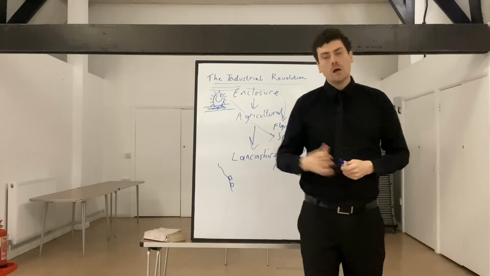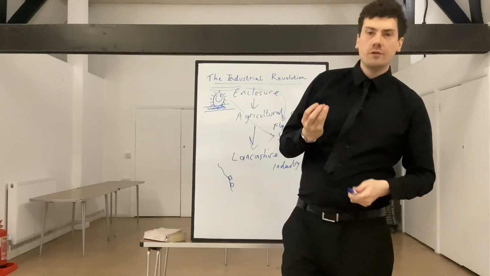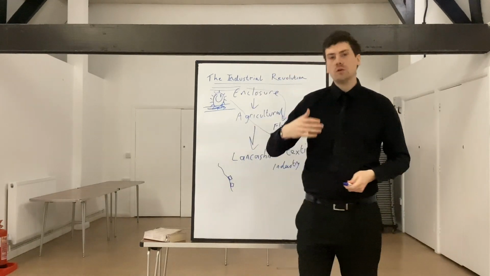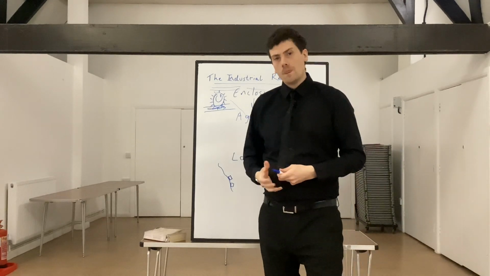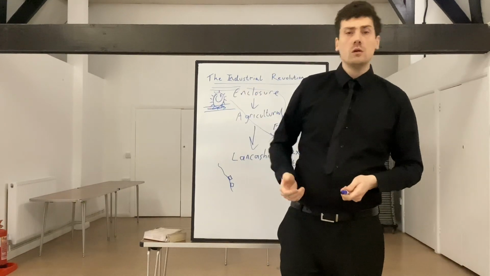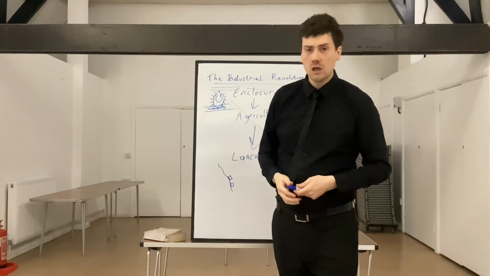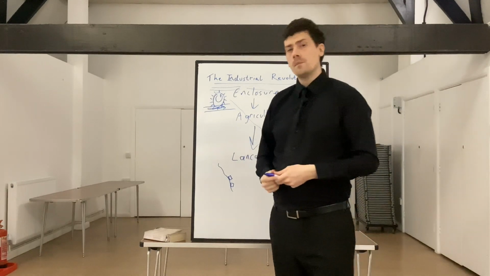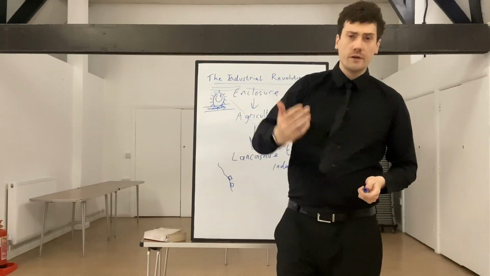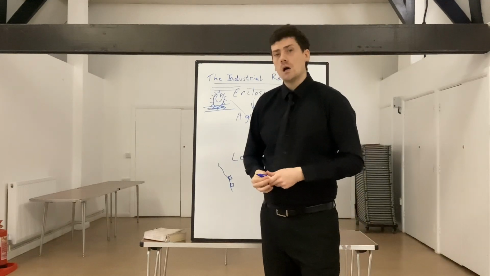Later on, one of the other key reasons why Britain was the first to industrialise was because of the abundance of coal in the coal fields, particularly in the north of England, in Yorkshire, in Derbyshire, up in the northeast of course, up in Durham.